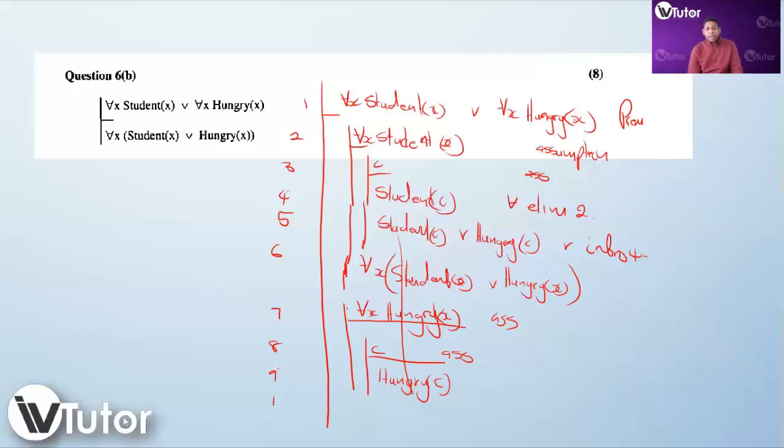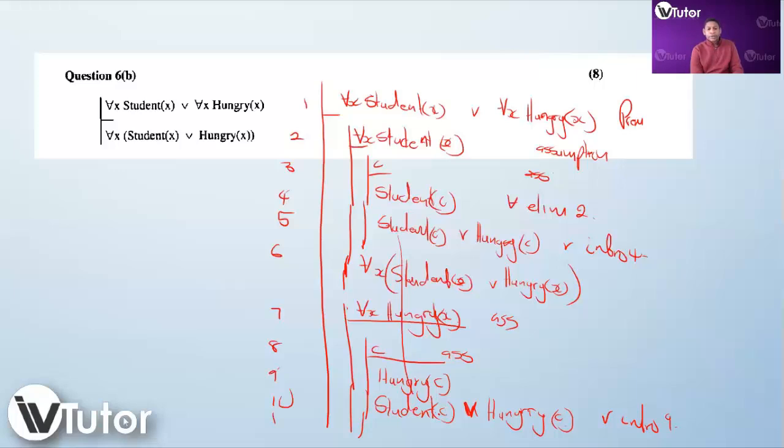And then after that, number 10, you're going to have student(C) or hungry(C). Right, and this is OR introduction on number 9.